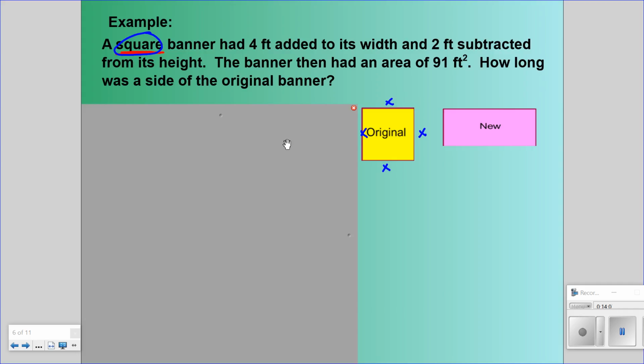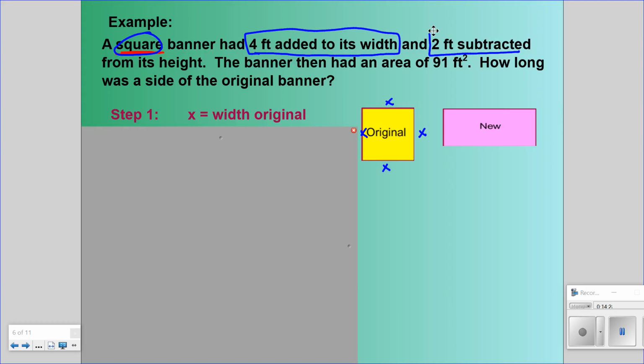So I can name the length of each side of my square as x, the original length. Then we do a couple things to it. We have a length and a width of a new banner that's created, where the banner had 4 feet added to its width and then 2 feet subtracted from its length or height. You can think of it like height or length.